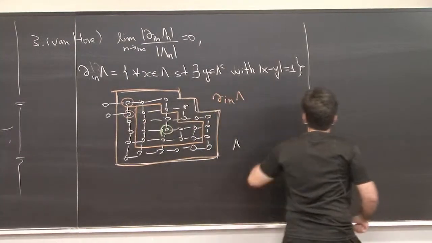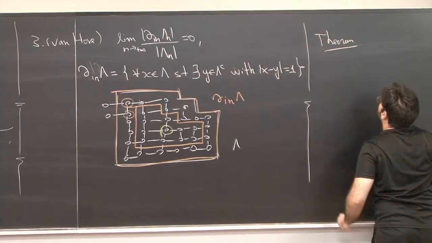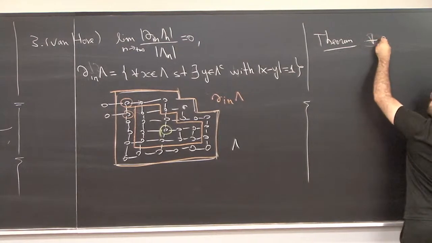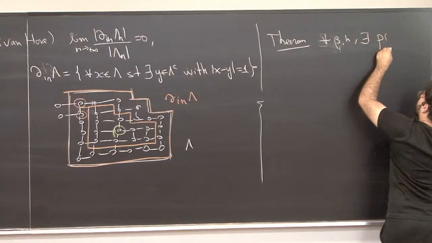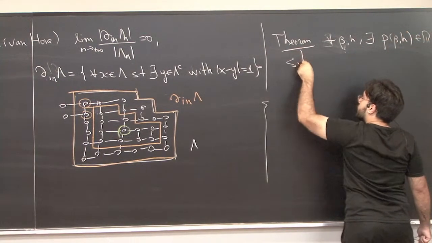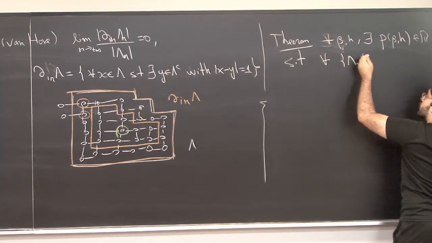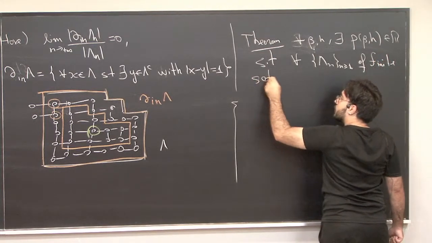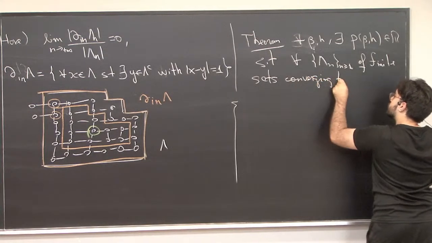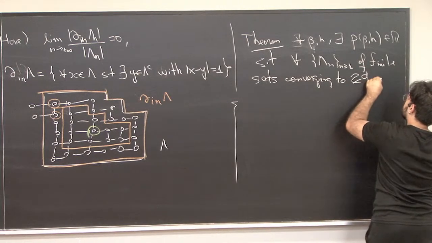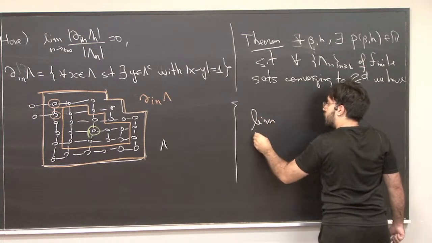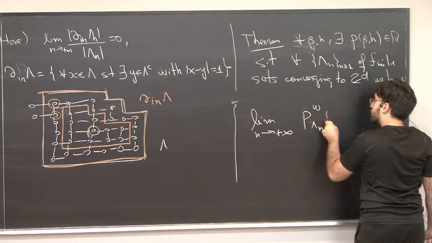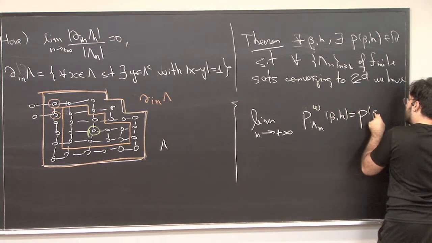So the theorem was: for every beta and h, there exists a real number p, such that for any sequence of finite sets converging to Z^d, we have the limit as n goes to infinity of (1 over the size of Lambda_n) times the local pressure p_{Lambda_n}(omega, beta, h) equals p(beta, h).